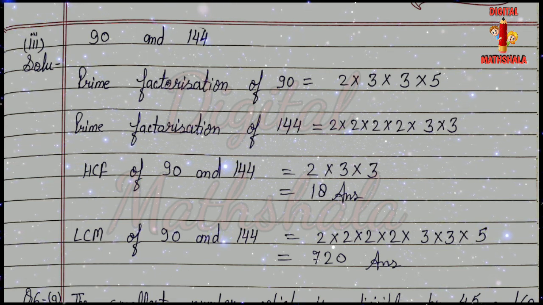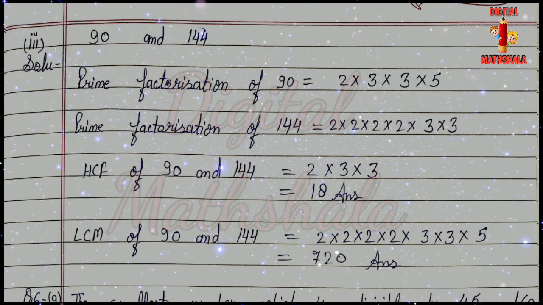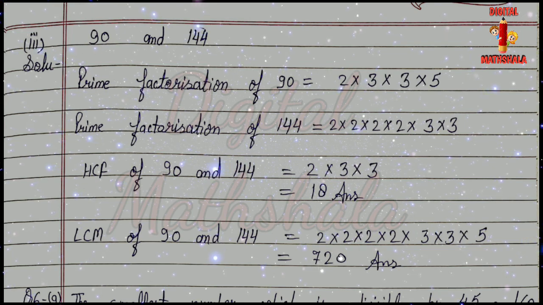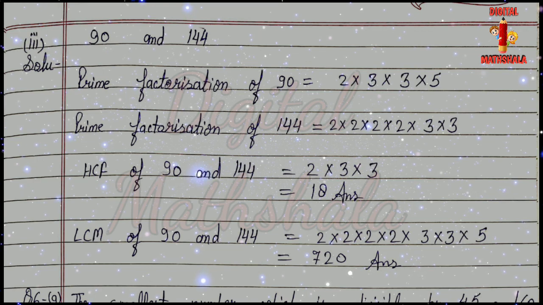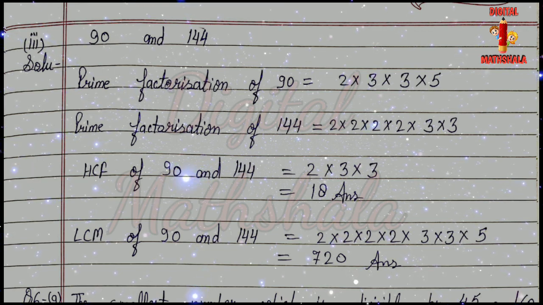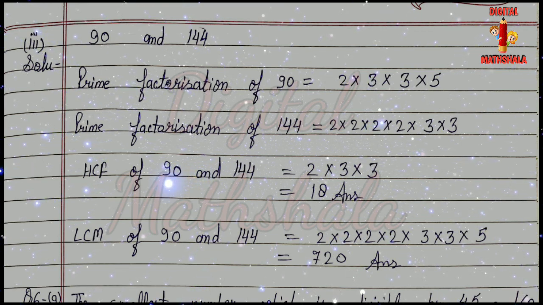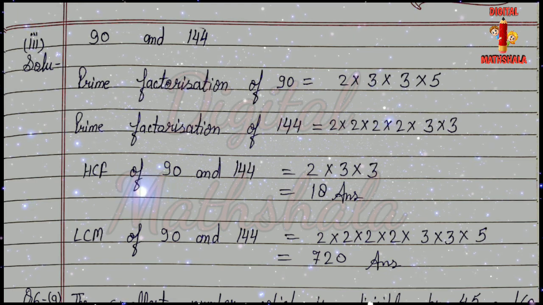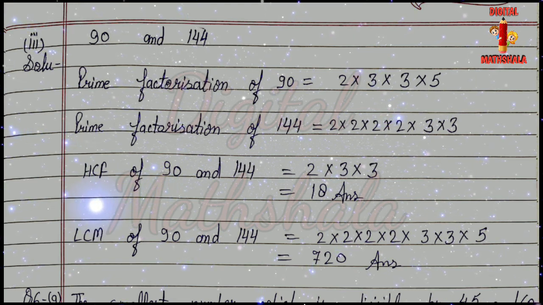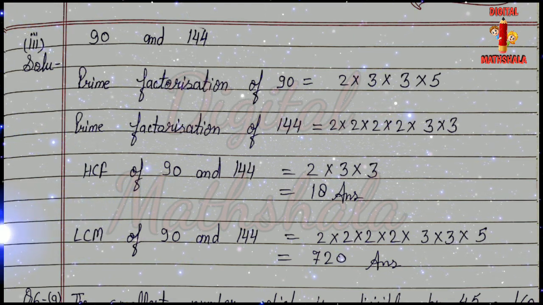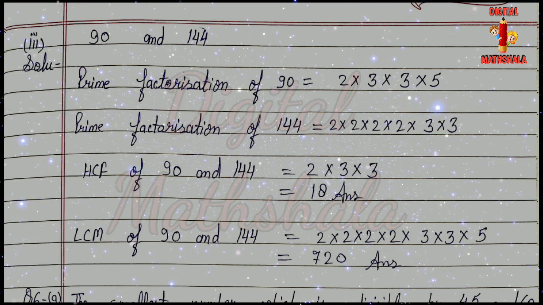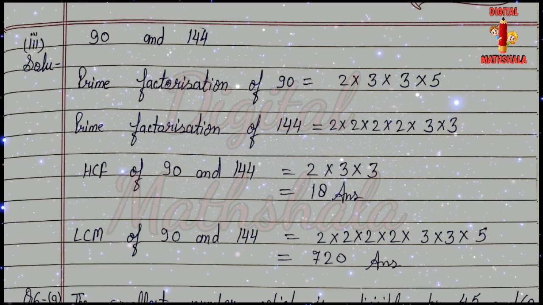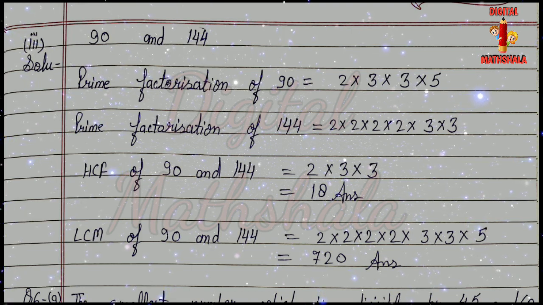In both the numbers 3 appears twice, so we will take 3 twice. And 5 appears only in the factorization of 90, it is not in 144, so we will not take 5 in the HCF. So the HCF of these two numbers is 2 multiply 3 multiply 3, that is 18.